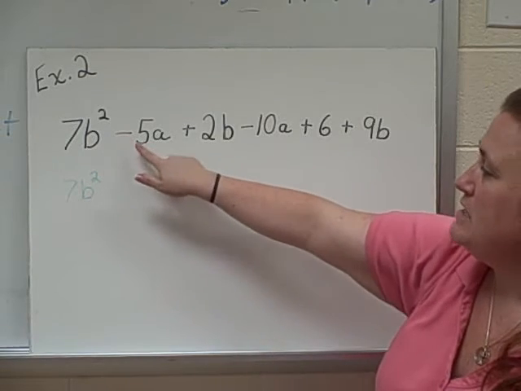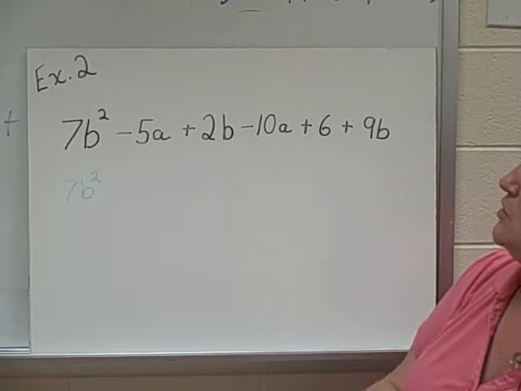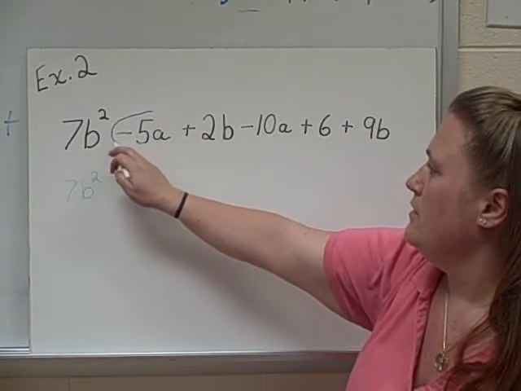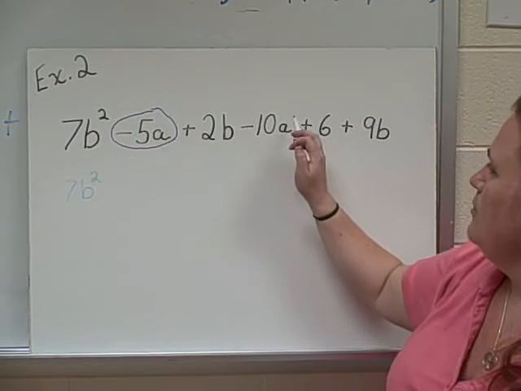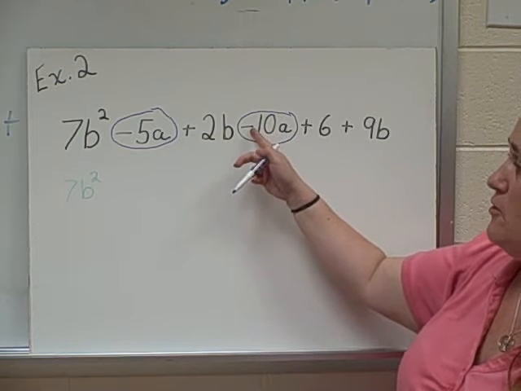Then minus 5a. Do I have any other a's? Yes, I do. So I circle them. Remember to circle the operation in front.